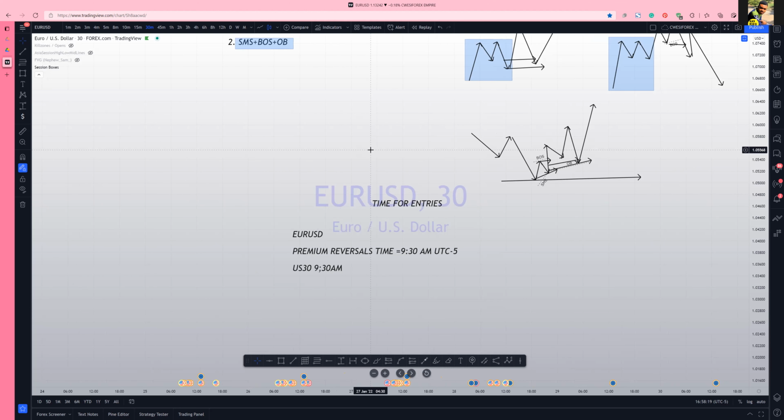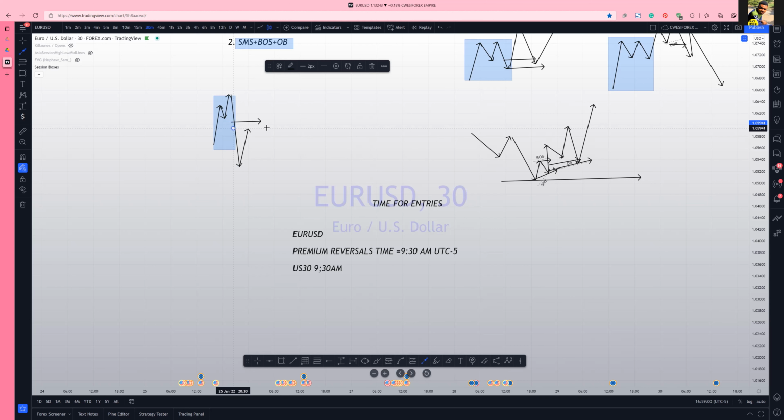All right, so when it comes to the New York session, the box also uses 1 hour to create. That's from 9 o'clock to 10 a.m. Sometimes you just have to wait for breakout of the box to take out the low of the open session. So if we have this as our New York session, you just have to wait for breakout of this box and look for entry somewhere here.